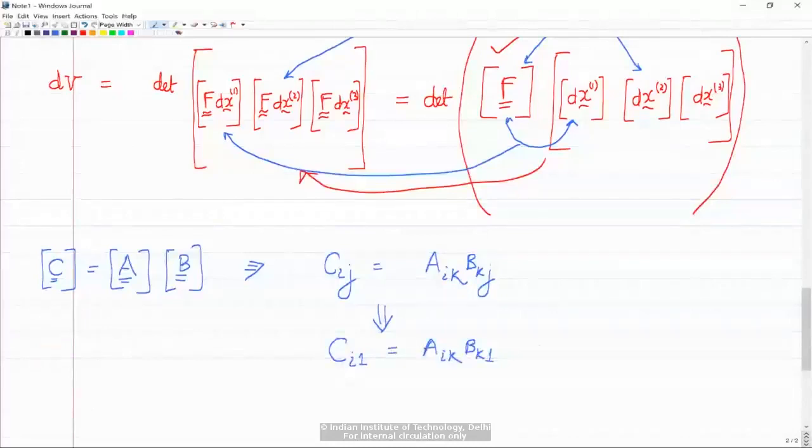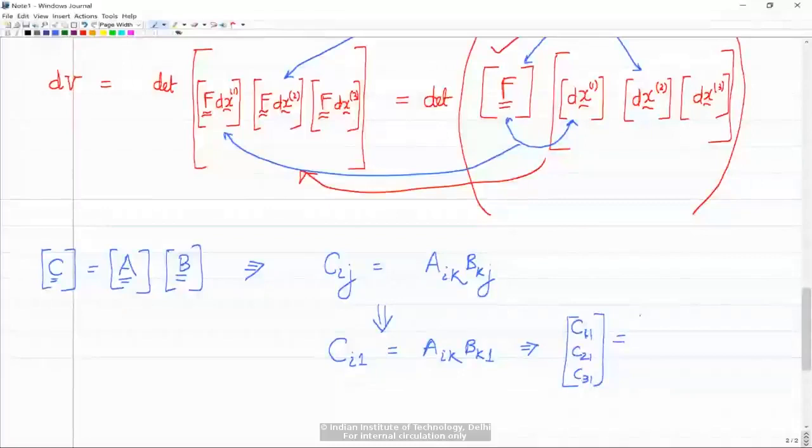Okay? And if I want to write this for each of the i's, i equal to 1 to 3, so that I really get the full column of C: C11, C21, C31. So that's the first column of C. So I have written this for each of the i's.